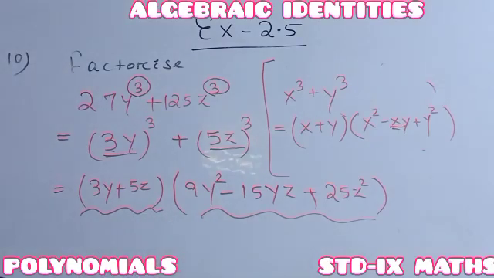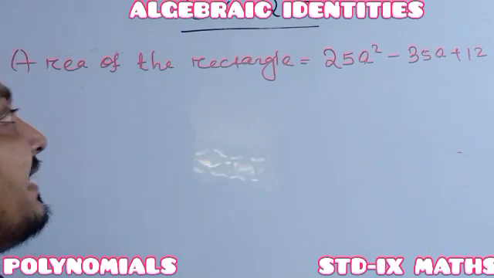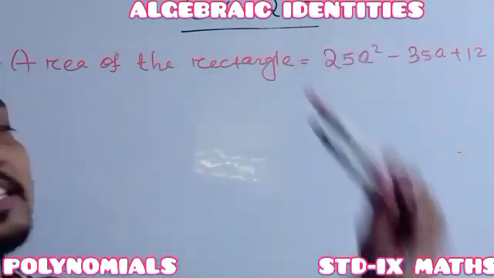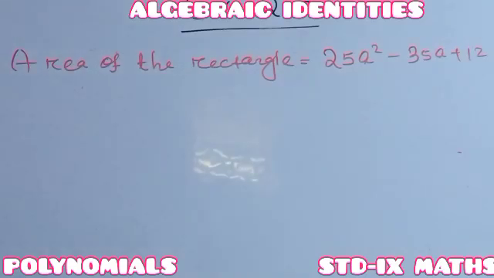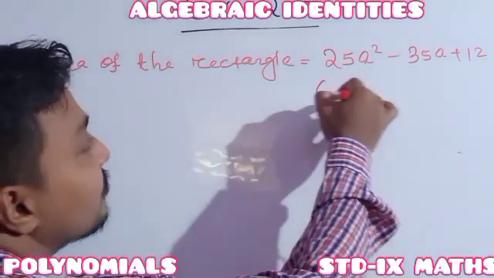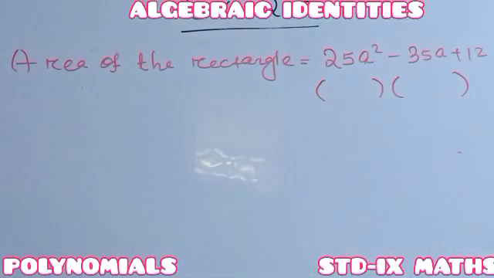Ready? So now we will do another question. See, in question number 15, it is given that the area of a rectangle is given in this form. And the area of a rectangle, you know, is length into breadth.